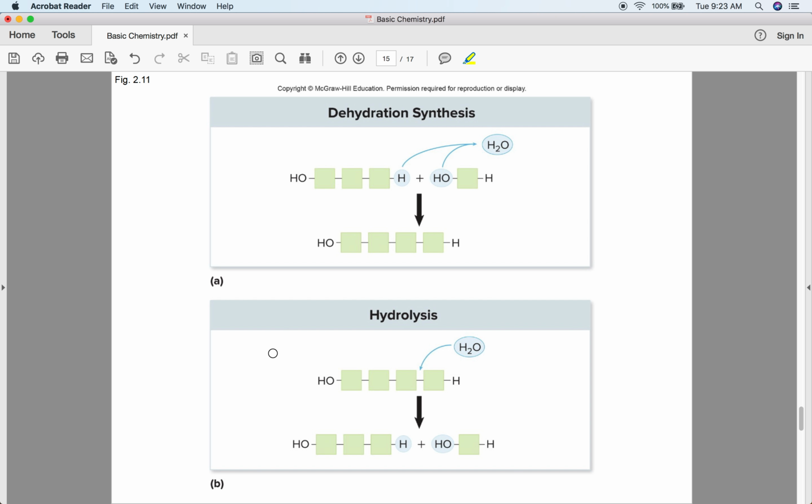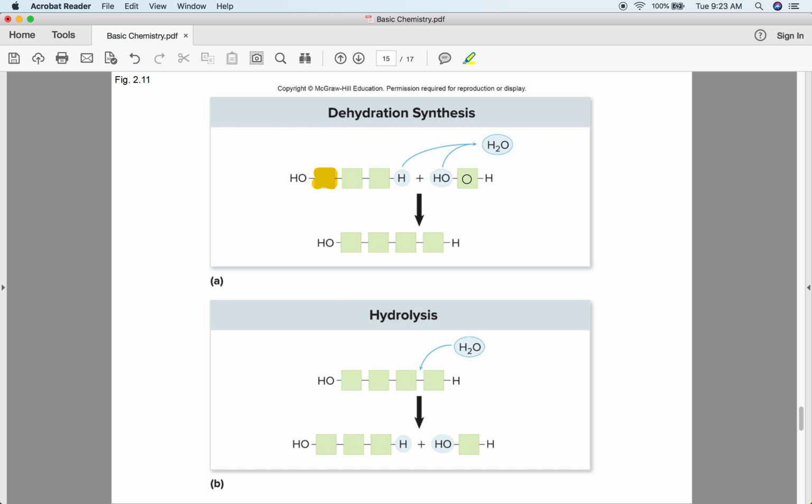All right, so now water also forms the basis of how we create and destroy large molecules. So these boxes here, all right, and so I'll highlight one of them, just because I seem to like highlighting today. All right, so these represent individual molecules that are being linked together.